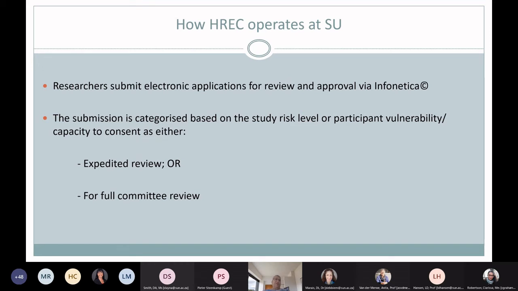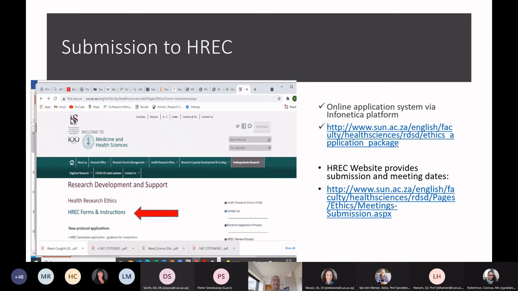What I must just point out is that sometimes studies are labeled as expedited review, and then when the reviewers start to work with the particular protocol, for some reason it could be referred for full committee discussion.